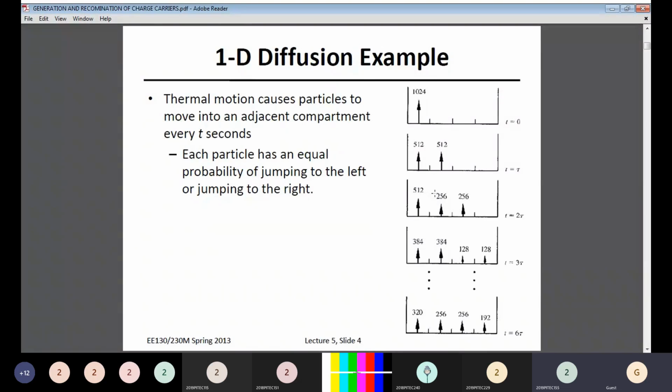Each particle will have an equal probability of jumping to the left or jumping to the right. So the above figure depicts the thermal motion process, which allows the charged particle to move to the adjacent compartment every t seconds.